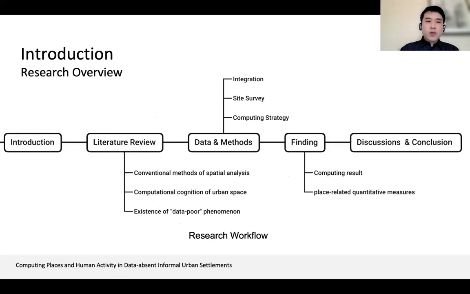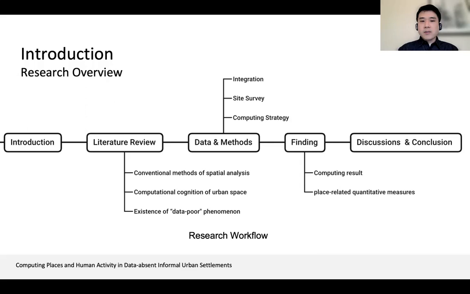Based on these questions, we formulate an overall research workflow. This flow chart shows an overview of our research process. After the introduction, we conduct a literature review covering 3 aspects: conventional methods for spatial analysis, computational cognition in urban space, and the existence of data poor phenomena in cities.